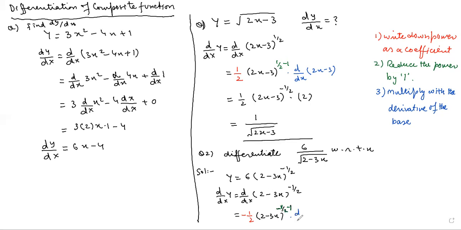Now d over dx of 2 minus 3x. dy over dx is equal to minus 1 over 2, 2 minus 3x. With the help of calculator, minus 1 over 2 minus 1 is minus 3 by 2. And the derivative of 2 minus 3x is minus 3.